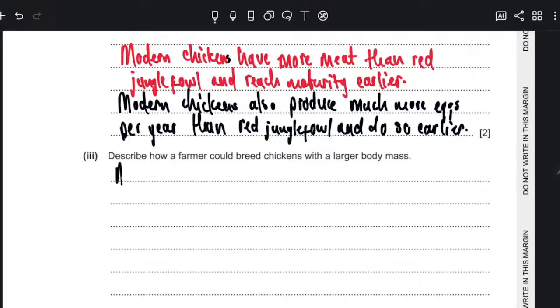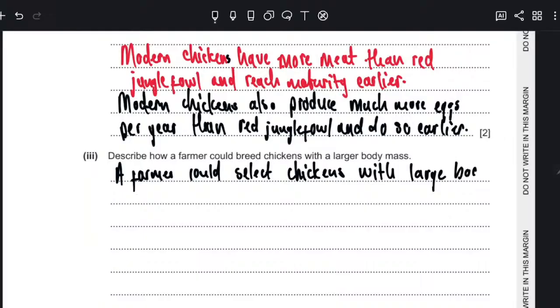You can say a farmer could select chickens with large body mass. 2 chickens with large body mass. And breed them together.